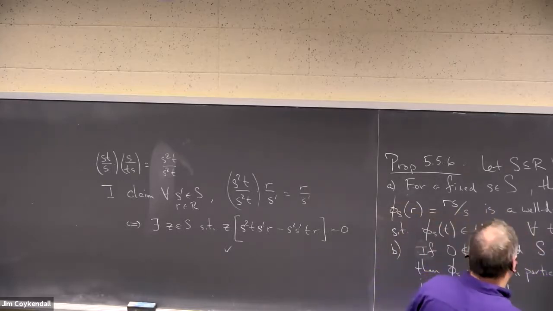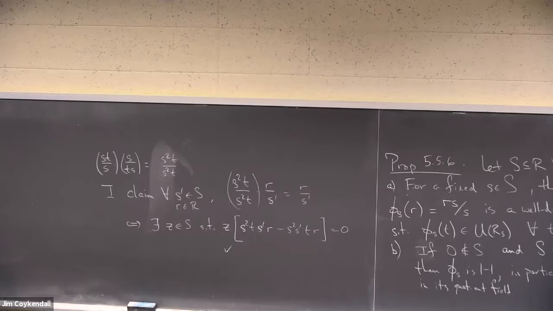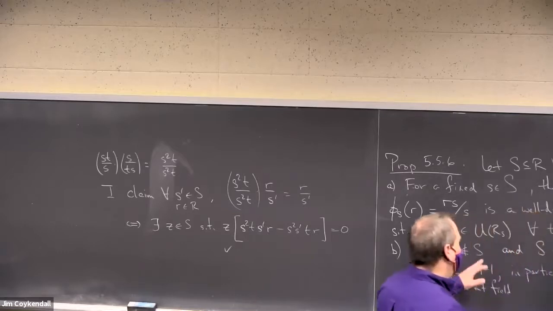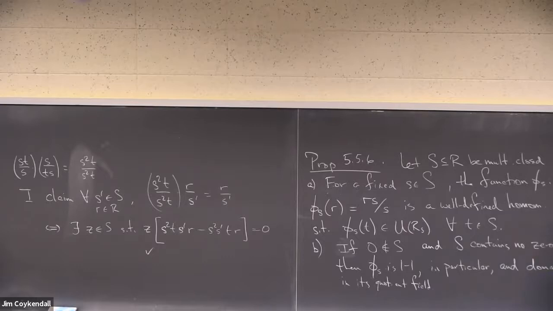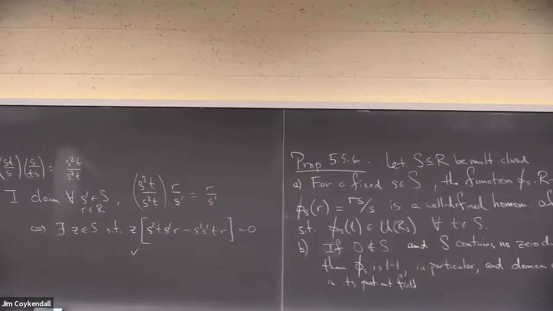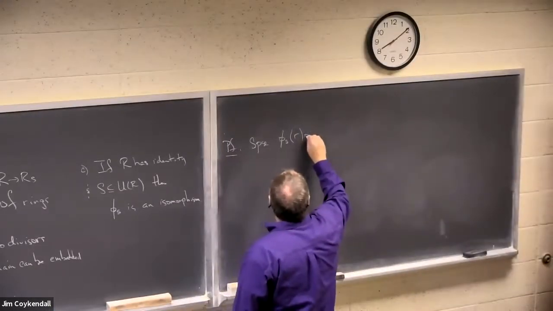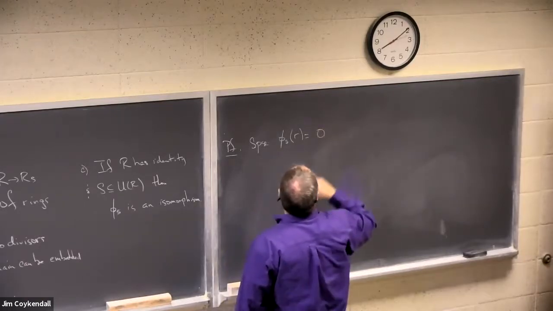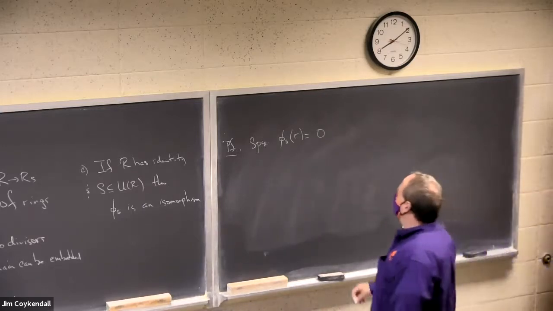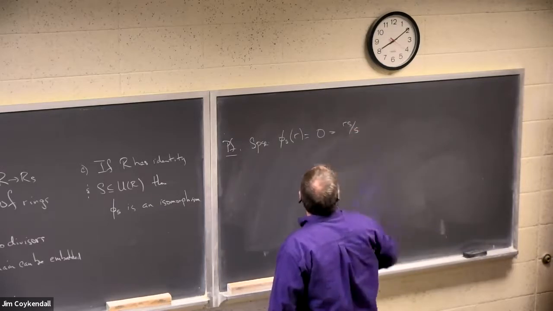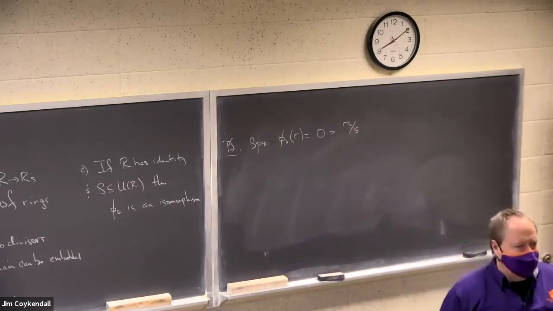What about this one right here? What about number B? Well, for B, suppose that 0 is not in S and S contains no zero divisors, then this is 1-to-1. Right? Suppose that Phi_S of R is 0.